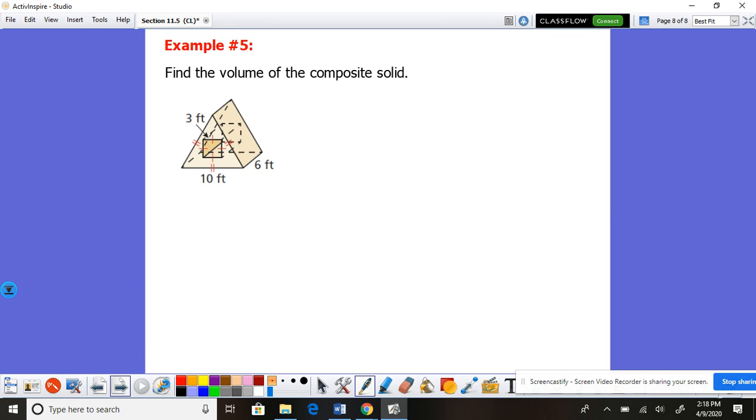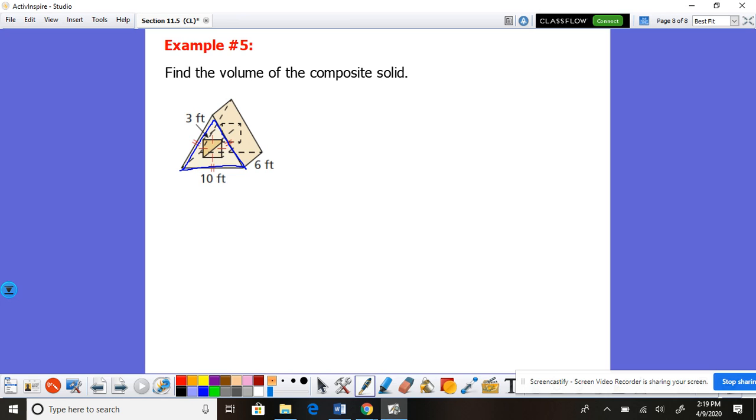All right, we'll do a composite solid, and then we will be done. All right, so this thing, it's kind of hard to see. We have this triangular prism where the front and the back are the base. Here's my base, okay? And then we have this rectangular prism through it that we're removing, okay? We're taking it out of the hole.